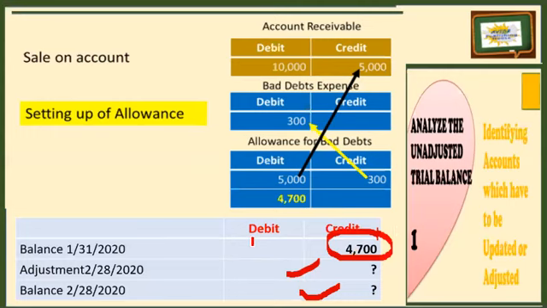So instead of 1% of credit sale, then you can make 50% of credit sale to allow some allowance and to eliminate the debit balance. So we have to eliminate this debit balance.